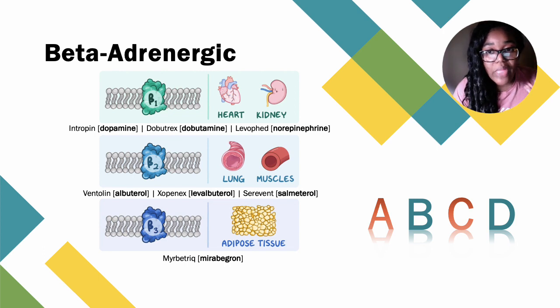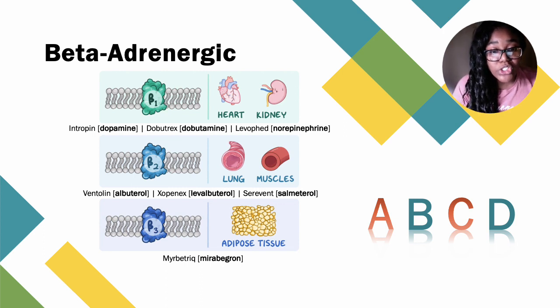One of them is the SA node, which is our pacemaker, and then a little bit further down, we have our AV node, and that also helps with contractility of the heart. More often, when people have heart failure, their SA node has failed. So we're trying to stimulate their AV node to start beating more effectively. So this is something where we're trying to cause a positive dromotropic effect.